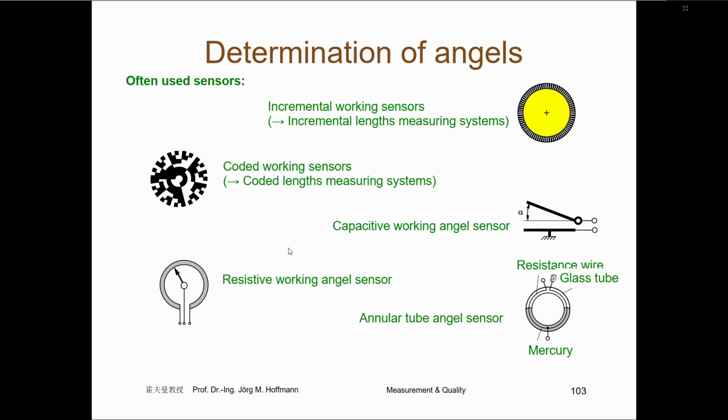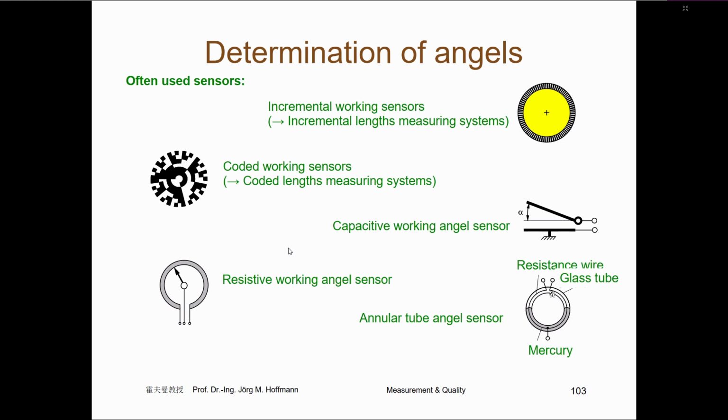The working principle is that you have a resistance wire inside, and you measure the resistance here, and here you have mercury. And mercury is a shortcut for this part of the resistance. So when you have it at this angle, then you have here the middle of the resistance.